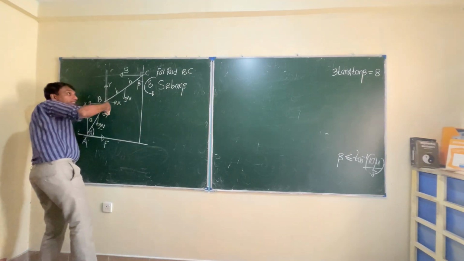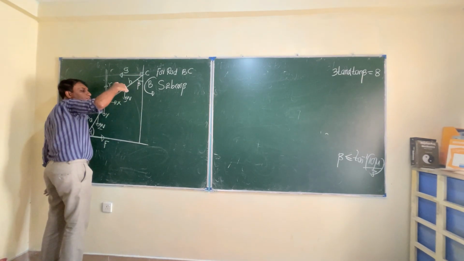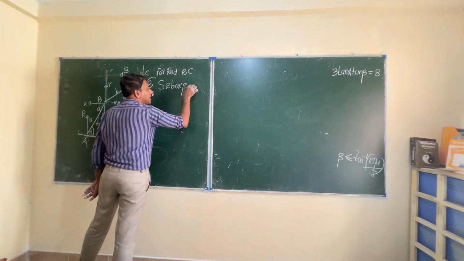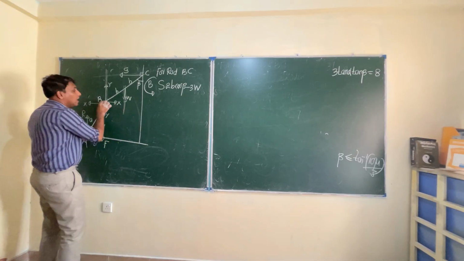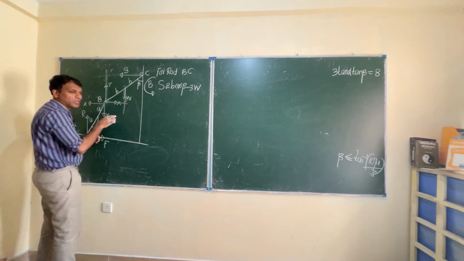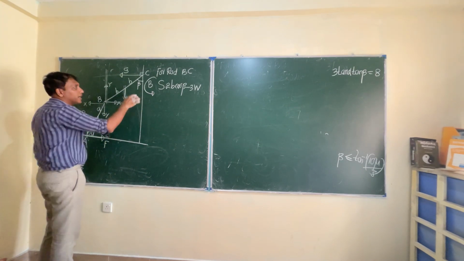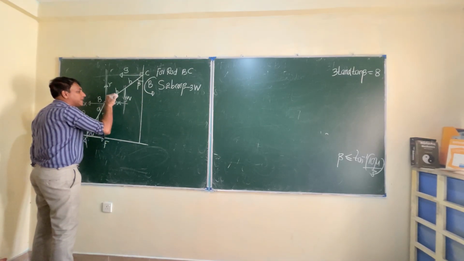This minus 3W, since it rotates this way. For the line of action, if you prepare a 90 degree triangle, this is 90 minus beta.